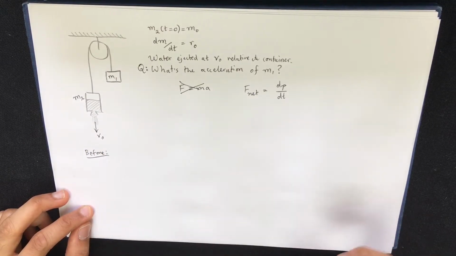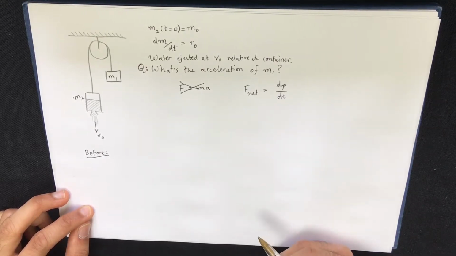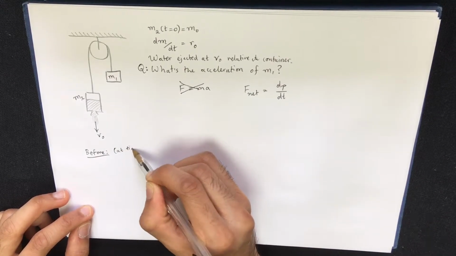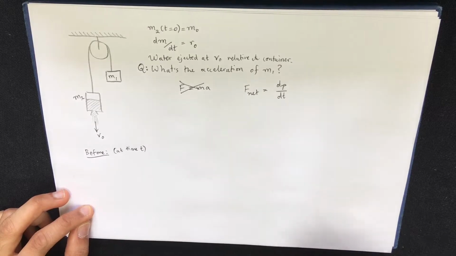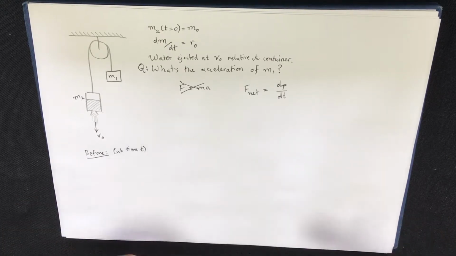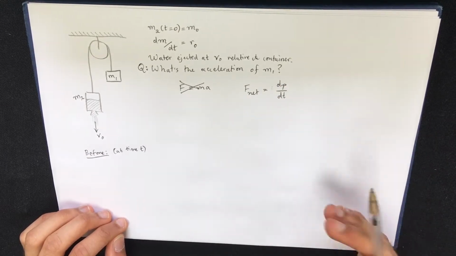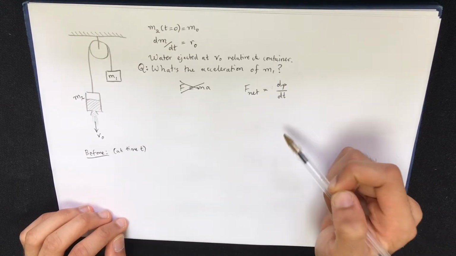Since we're doing this generally, we don't want to look at it from when it starts off at rest. We want to look at it at a general time t. And then we'll look at the same situation again at a time t plus delta t, a tiny time step ahead. Doing before and after with that will help us get dp, which is the change in momentum in this tiny time interval dt.